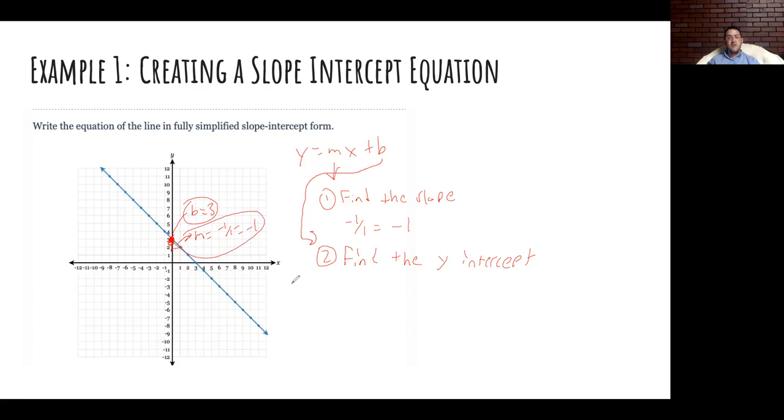And then we have all that we need. And I even just like to write y equals mx plus b. The y's and x's just stay as y's and x's. But you're going to put in your m, which is negative 1x plus 3. And then you have a y equals mx plus b equation that is nice and fully simplified as well.